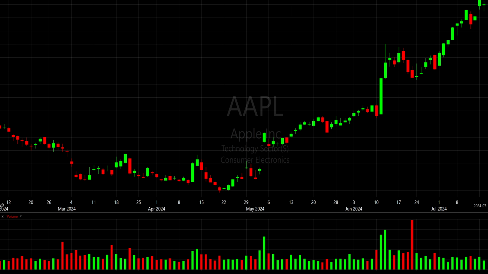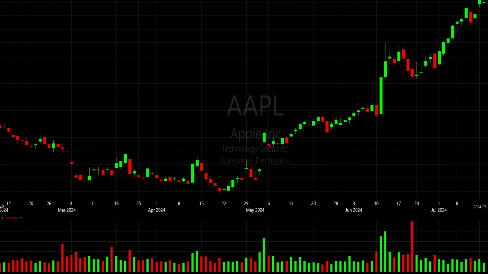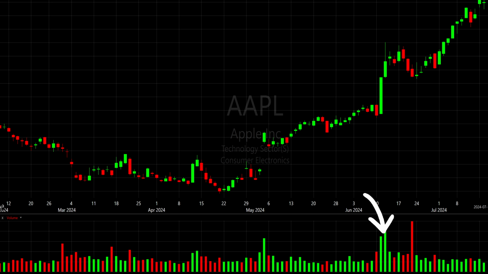Some of you might ask, how can we know how hard or how tough that battle was? Actually, if you look at the bottom of the chart, you can have an indicator called volume. And the volume tells you how far that battle went and how hard it was. The higher the volume candle, the harder the battle was. The smaller the volume candle is, that tells you it's not a heavy battle that happened in that candle.